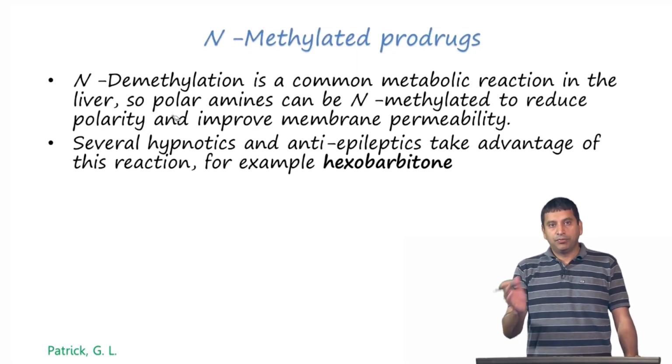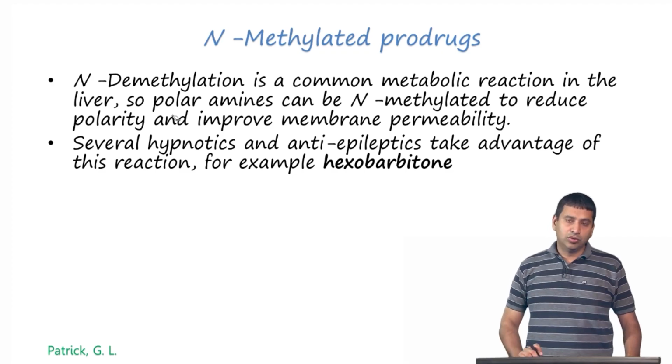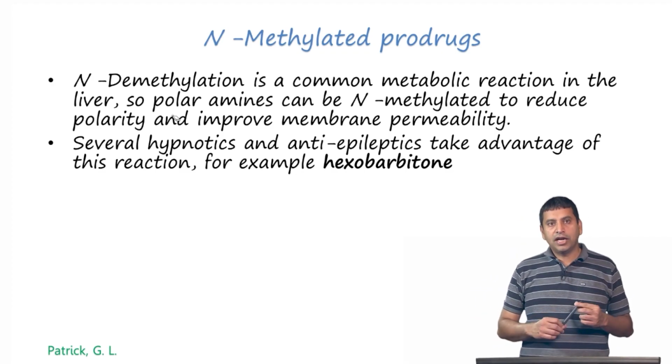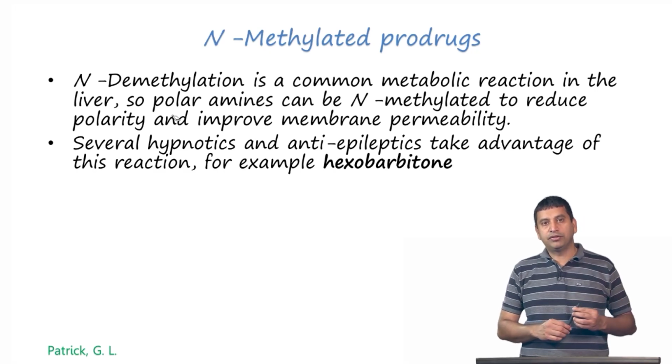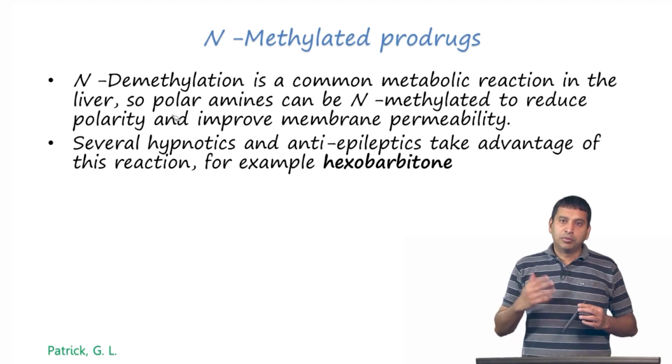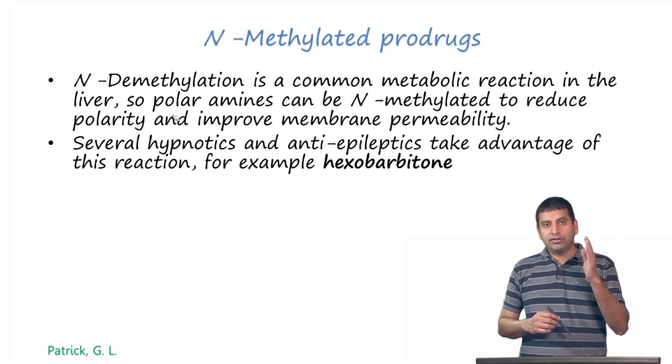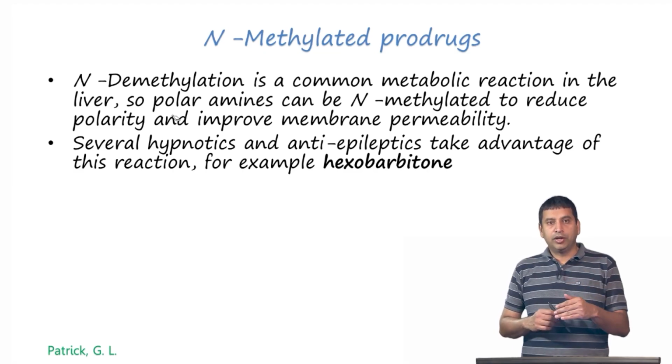Okay. The next way in which you can make prodrugs is to use N-methylated prodrugs. N-demethylation, which we have looked at previously, is a very common reaction, and it would produce a polar amine. So, what we can do is methylate it so that you reduce the polarity, and this improves the membrane permeability.